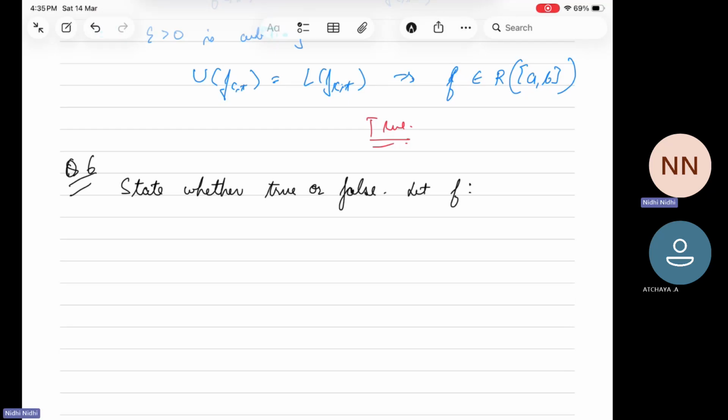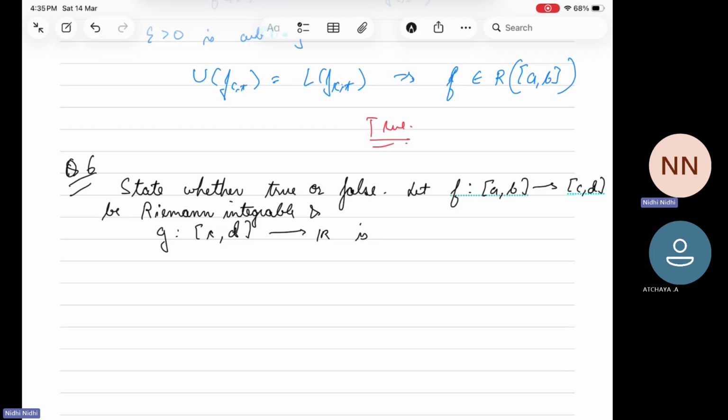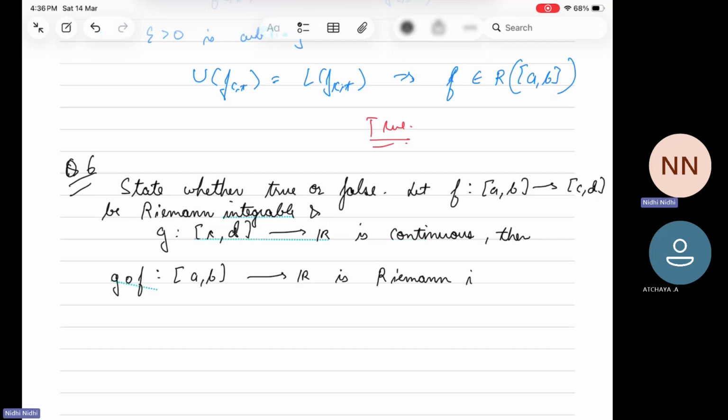Let f from closed [a, b] to [c, d] be Riemann integrable and g from [c, d] to R is continuous, then the composition g∘f from [a, b] to R is Riemann integrable.